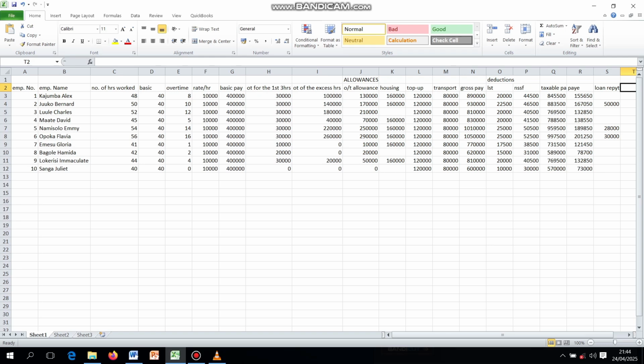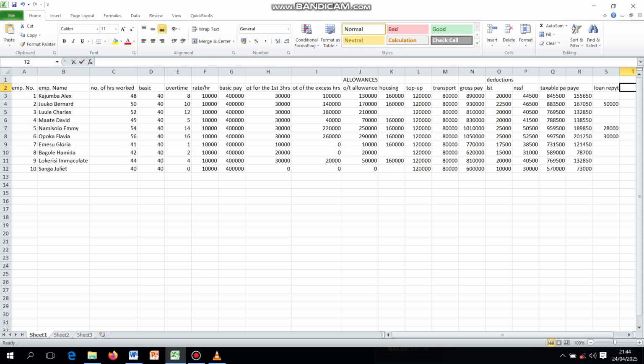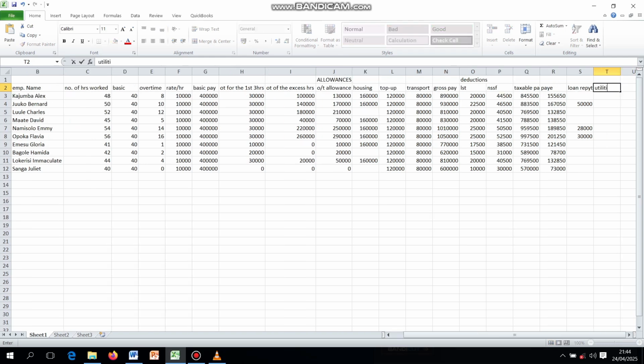I'll go to the next deduction, and that will be utilities. Remember, when we were given this, they said those who don't get housing allowances, employee number 3, 8 and 10, because they stay in the university houses, are charged 85,000 each.